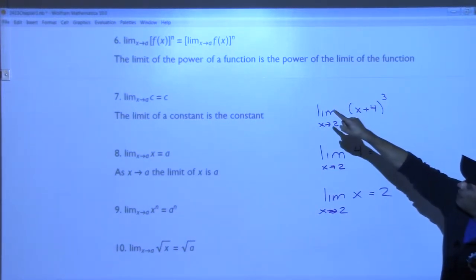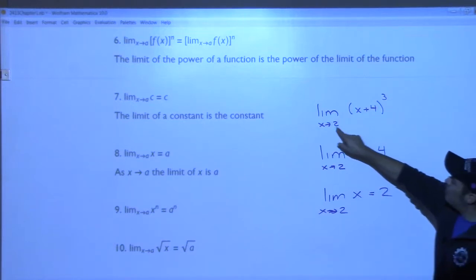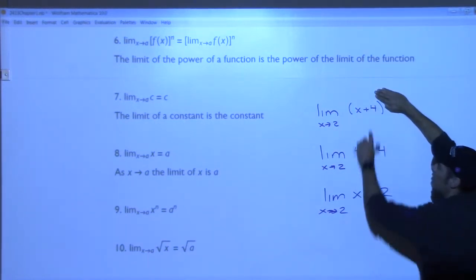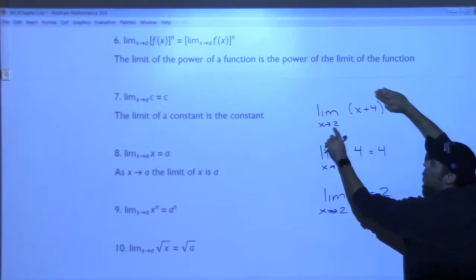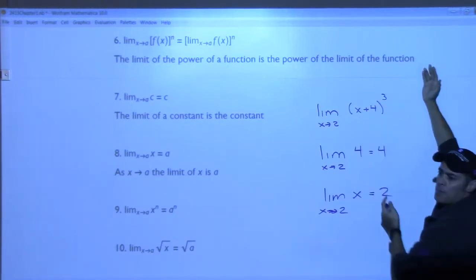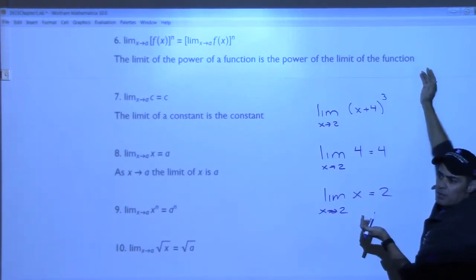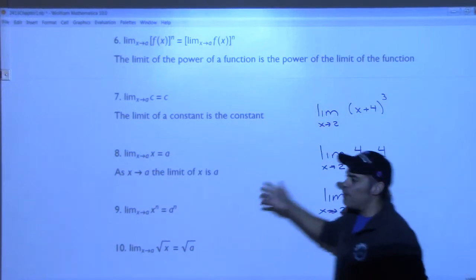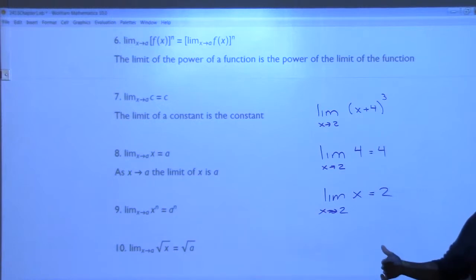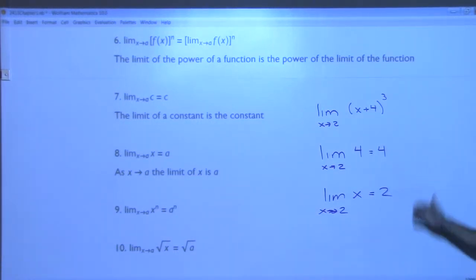What that law says is that I can ignore the power and take the limit of this. What would happen as x goes to 2 here? What would this expression approach? 6, right? And then I can just cube that answer. 6 cubed. That's what that rule is saying. It seems almost like that's what you would have done anyway, but the laws tell us we can do it. We can't ever assume that that would have been true.